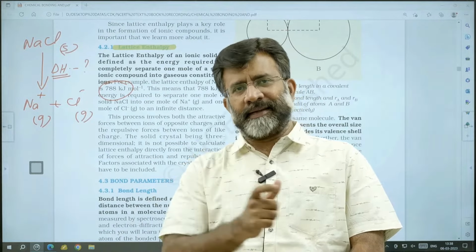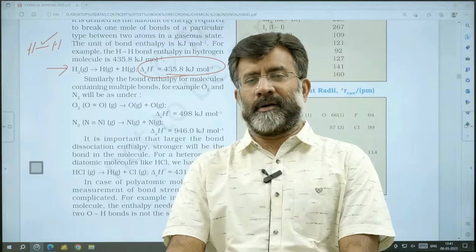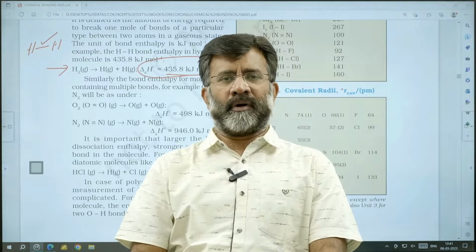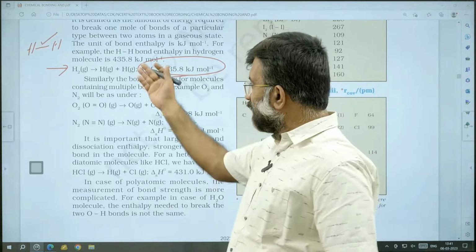The energy required to break that bond is 435.8 kilojoules per mole for one mole of H-H bonds. That is called bond dissociation enthalpy or bond enthalpy. In this scenario, it may also be called atomization enthalpy as it gives isolated atoms. This is the bond enthalpy for oxygen.